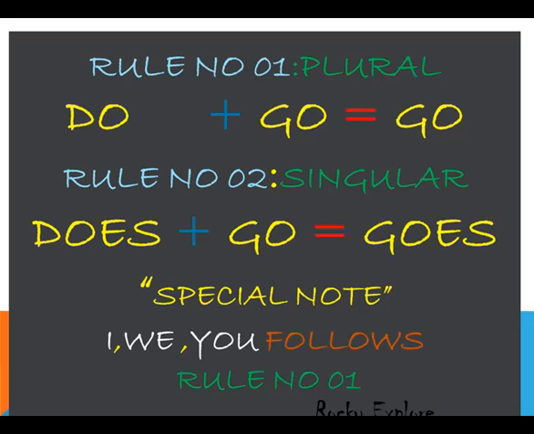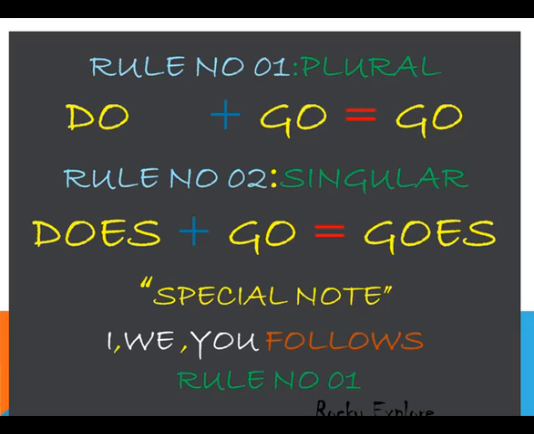Okay, the verb go. If I just talk about the verb go, it can stand alone. But if I use that verb go in a sentence, it has a bigger meaning underneath, that it is constructed with two elements: do plus go.